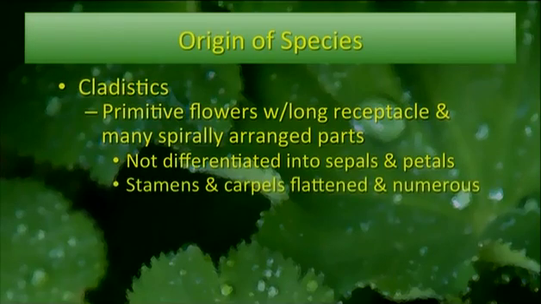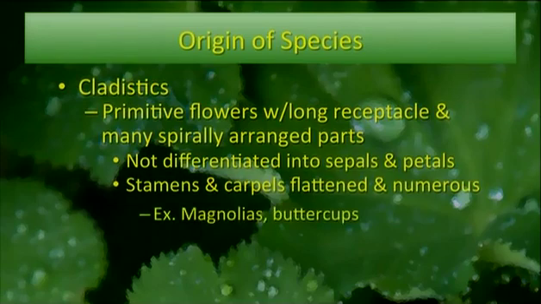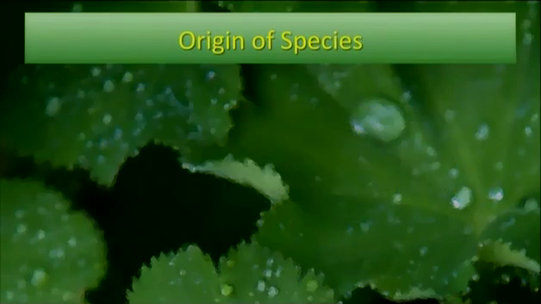Also, the stamens and carpels are flattened and numerous. Examples of these types of flowers are magnolias and buttercups. These are more like temperate area flowers, even though I have seen magnolias blooming in Hawaii.